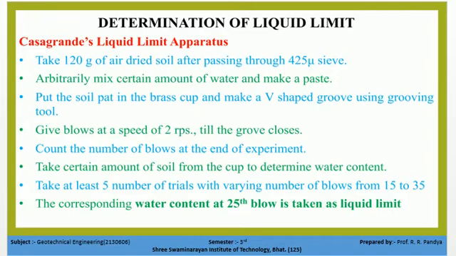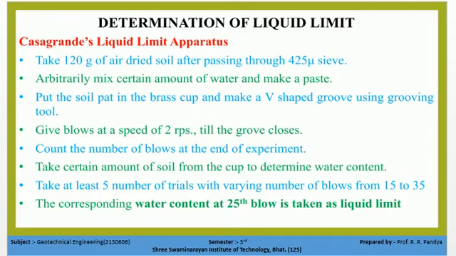Arbitrarily mix a certain amount of water and make a paste. We take a water content randomly until it becomes a paste. Put the soil paste in the brass cup and make a V-shaped groove using the grooving tool, which I showed you in the figure, called the Casagrande grooving tool.